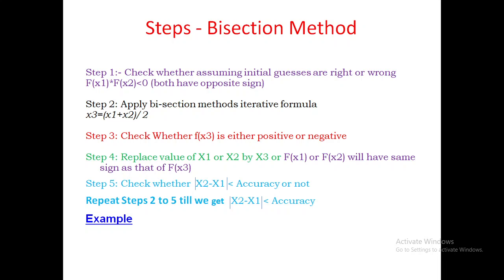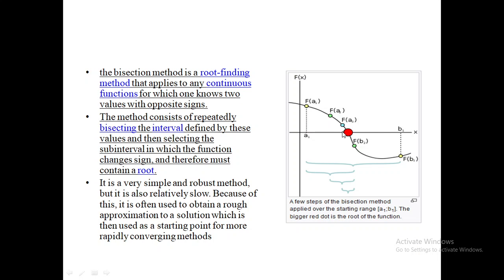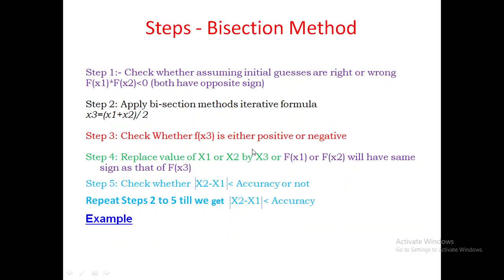You have to calculate the mid of those two. Here let x3 be the first approximate value of the root. Suppose this red dot is the x3 value, we want to calculate that value. X3 is the first approximate value of the root.